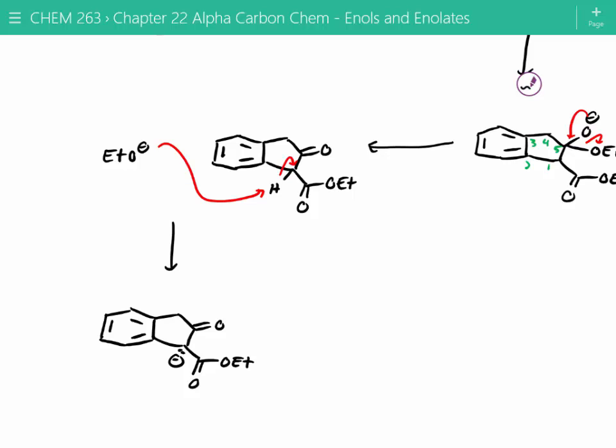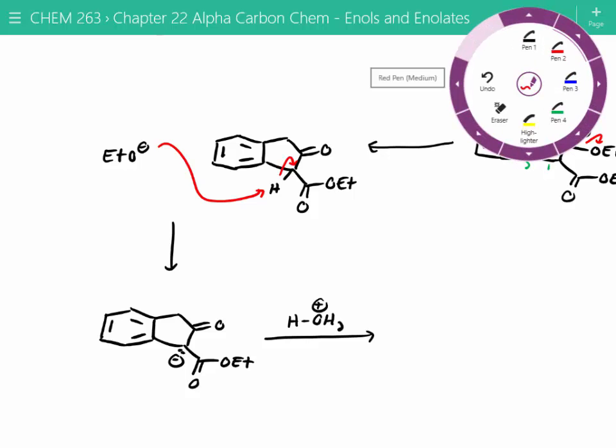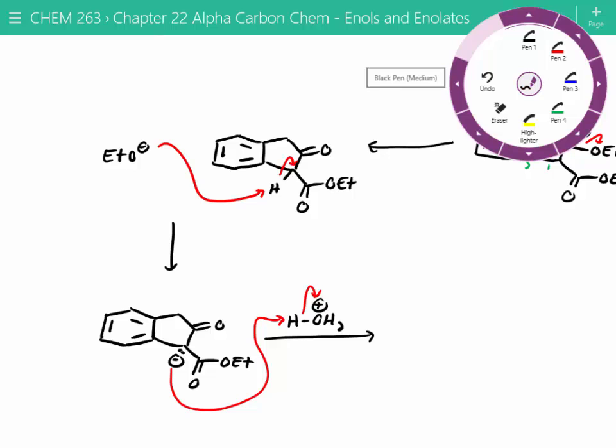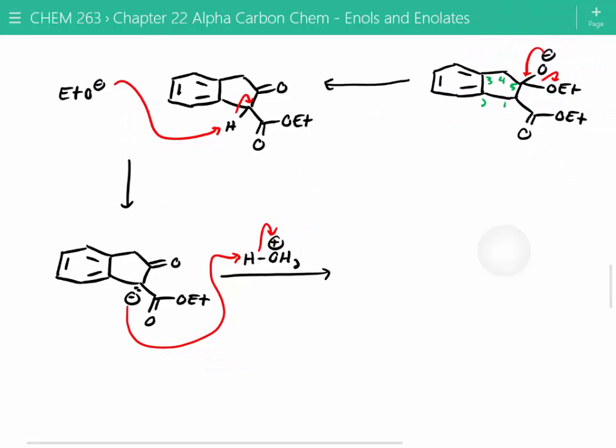And you've got a negative charge there, which in your last step you can reprotonate with an acid. So this would be an example of a Dieckmann cyclization.